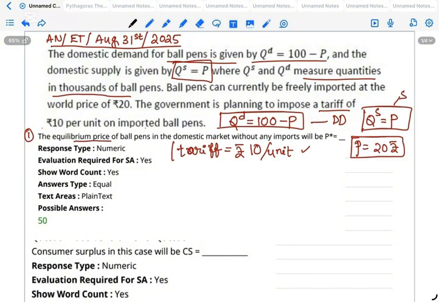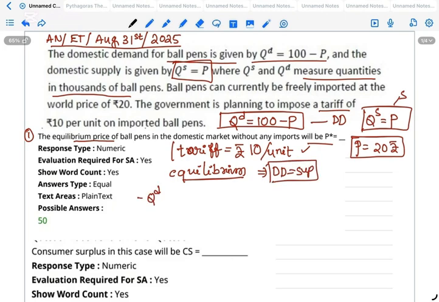They are asking to find the equilibrium price P star, the price of ball pens in the domestic market without any imports. So at equilibrium, demand equals supply.